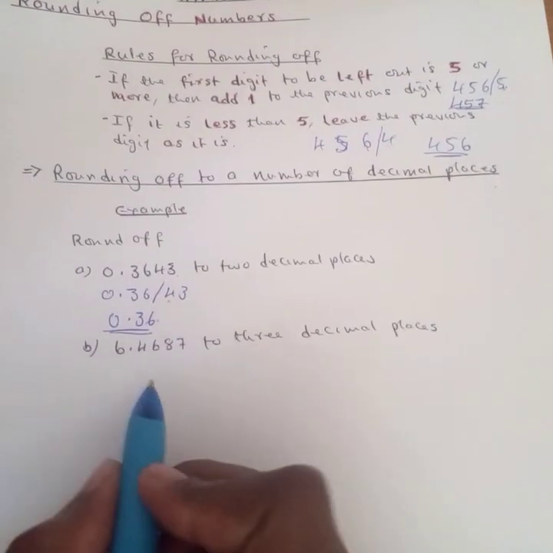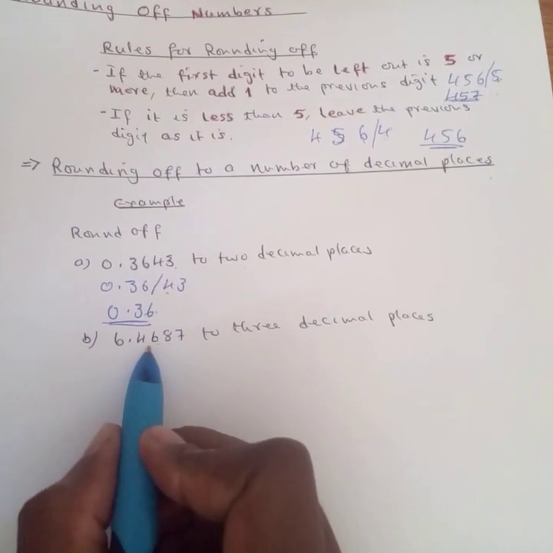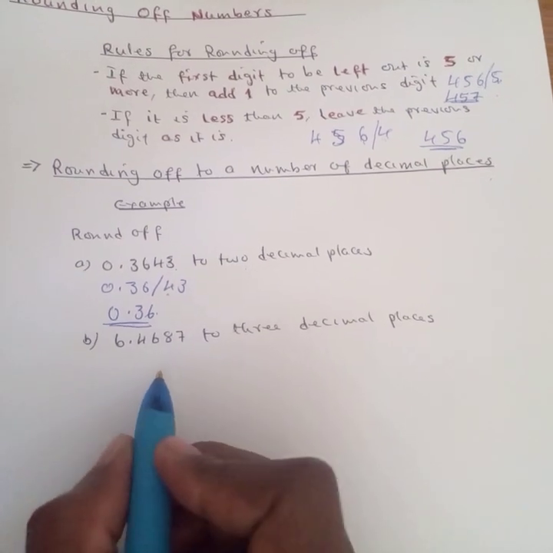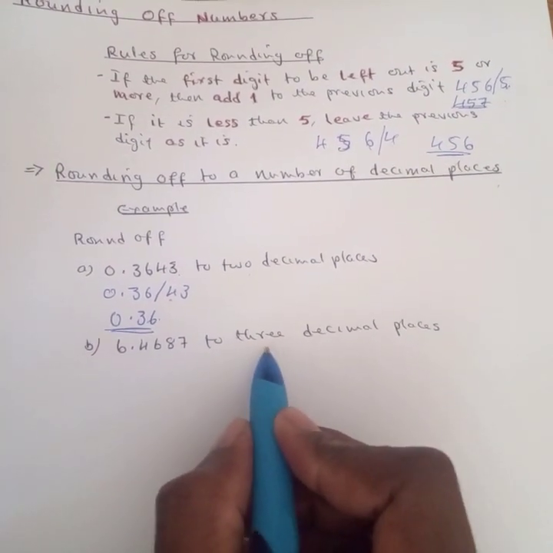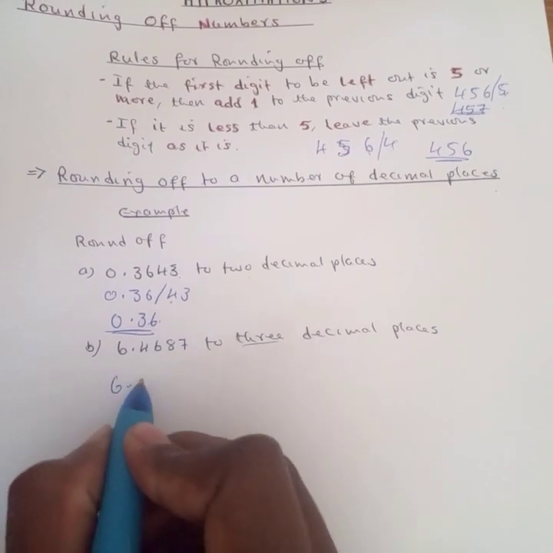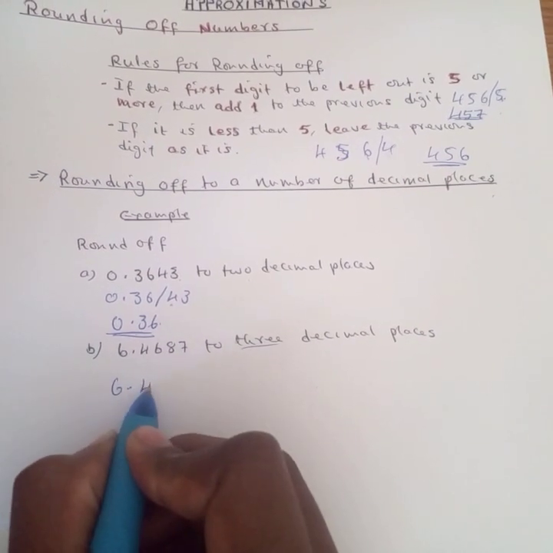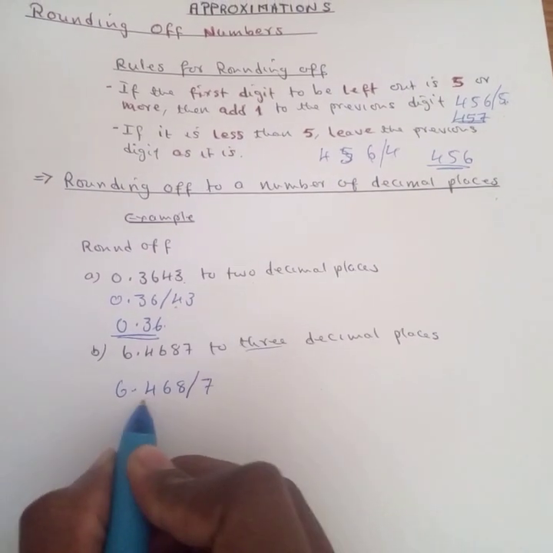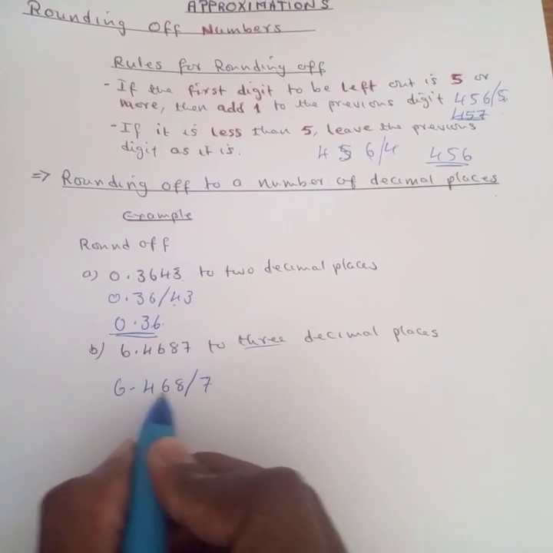Okay, now let's move on to the next one. How many decimal places are here? We have 1, 2, 3, 4. There are 4 decimal places, and they want us to leave this to 3 decimal places. So we write it down: 6.4678. Put a demarcation there to show that these 3 are the decimal places they want.